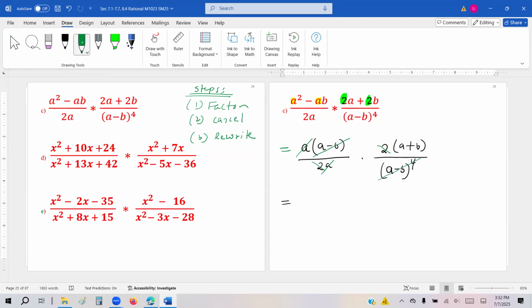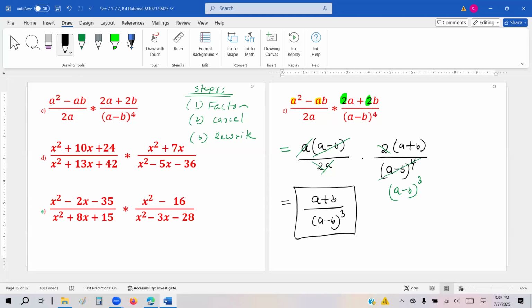So how many left, on the top or on the bottom? On the bottom, A minus B, 3 of them. So from the left fraction, we canceled everything. From the right one, we are left with 2 over A plus B and A minus B cubed.